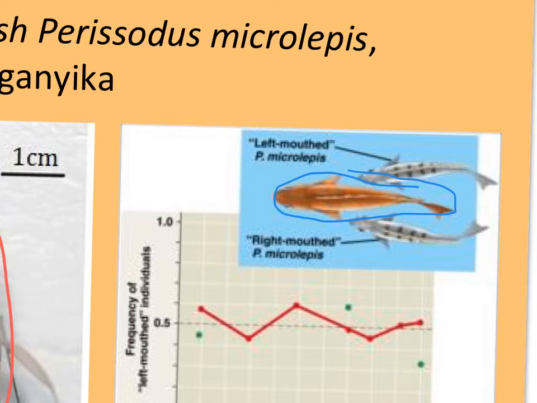If the ones whose faces are to the left are more common, which way do you think the bigger fish is going to be looking? To the right, right? Because that's where most of the fish are. I just said that that fish, the left-mouthed one, is a lot more common.